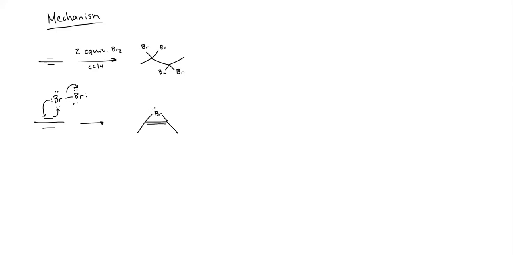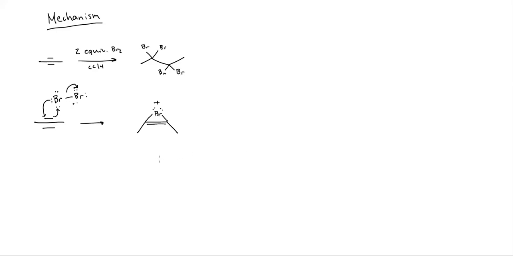So again, this bromine has two lone pairs, and it's positively charged. And then we also get Br minus here.